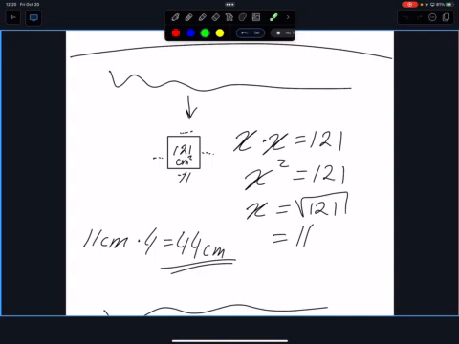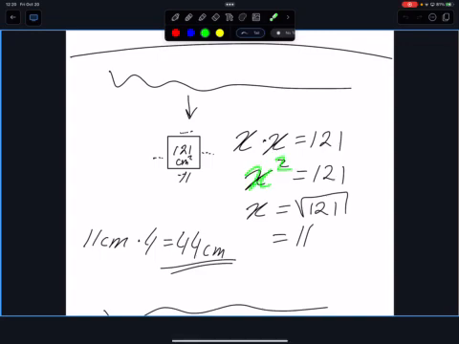The area of a square means that all sides are equal. All sides of the square are equal. So what I'm saying to you is, 2 numbers multiplied with each other become 121. The question is, what is that number?